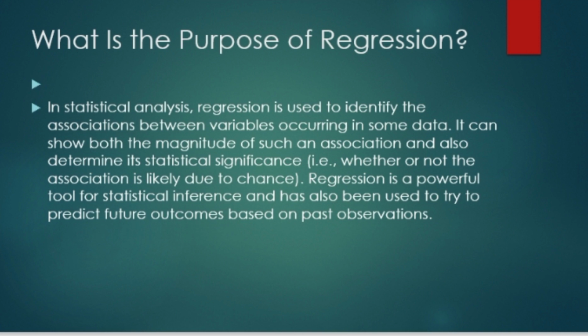Hence, regression tends to analyze and comprehend the relationship between two or more variables of interest. The process used to perform regression analysis aids in understanding which factors are important, which can be ignored, and how they interact with one another.